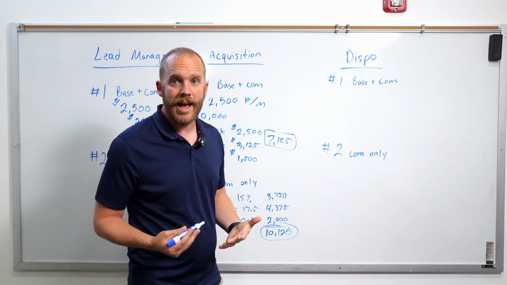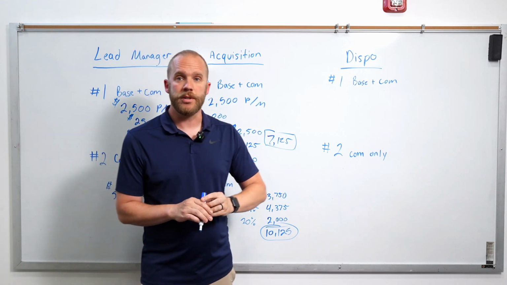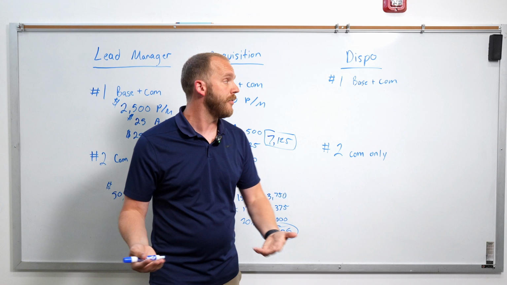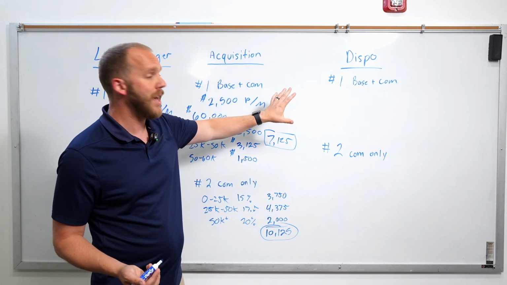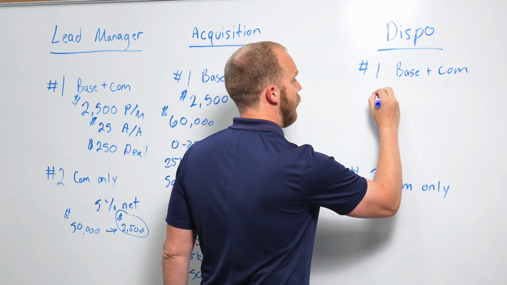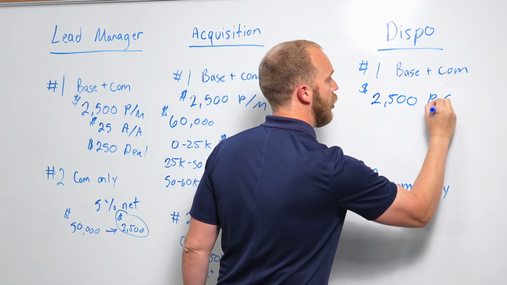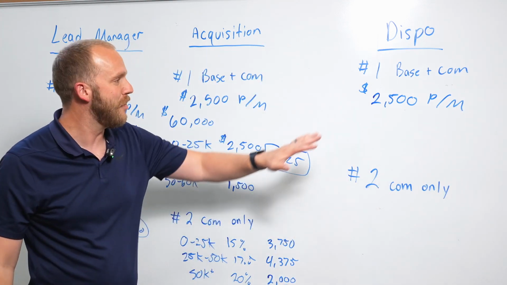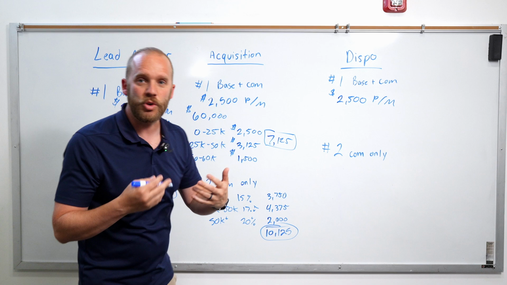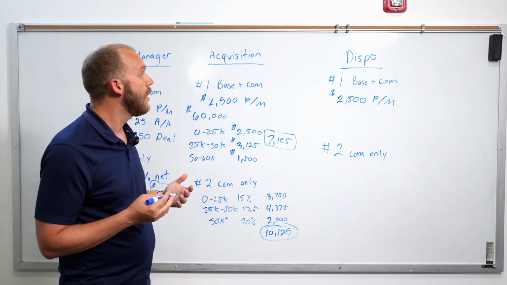Now let's go to our last type of agent that we're going to talk about today. It's our Dispo agent, the person that sells our properties, gets them to the finish line, makes sure that we profit. So if we have a base plus commission Dispo agent, the way I would structure it is they get $2,500 per month. You'll see the pattern here. All these people are getting the same base. I don't want any squabbling that people get favoritism or get more on their base. Okay?